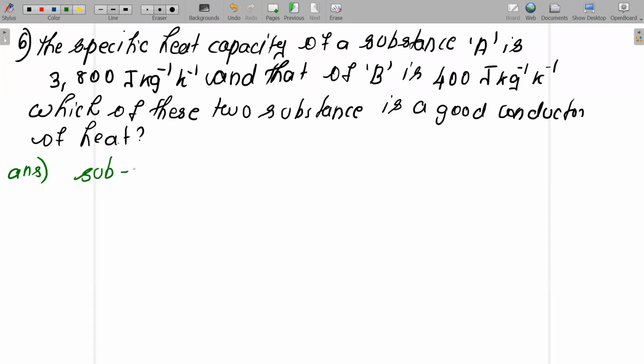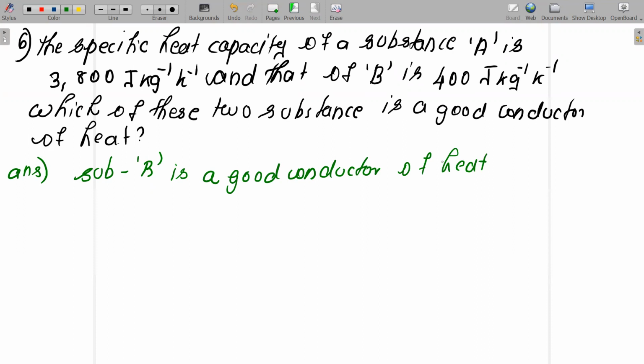Substance B is a good conductor of heat. Understood?